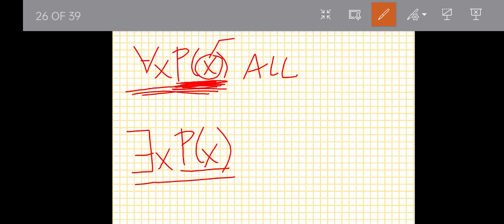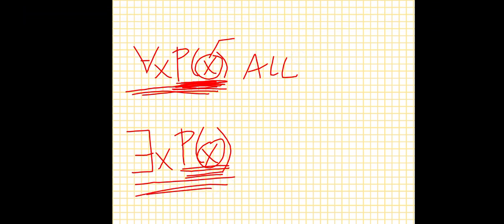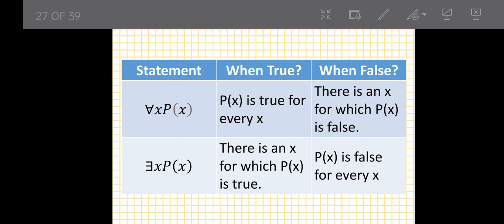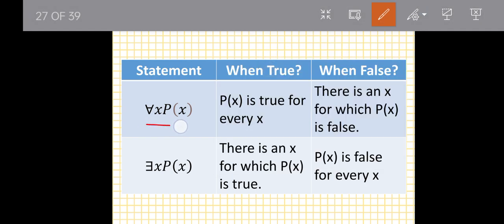So, if there exists an element x in the domain such that P of x is true, then our existential quantification is also true. So, in summary, this is our universal quantifier, and this is our existential quantifier.